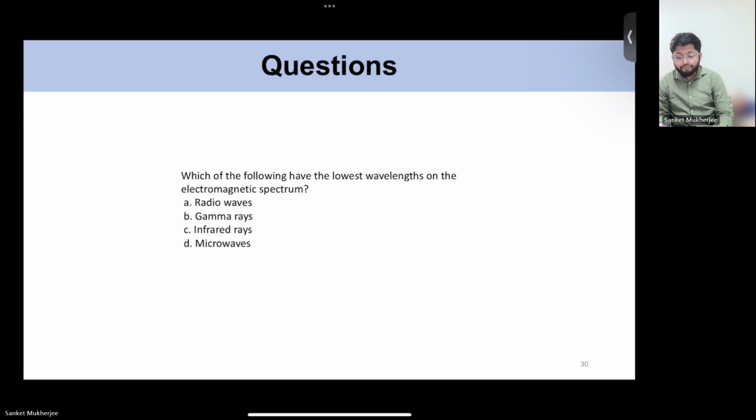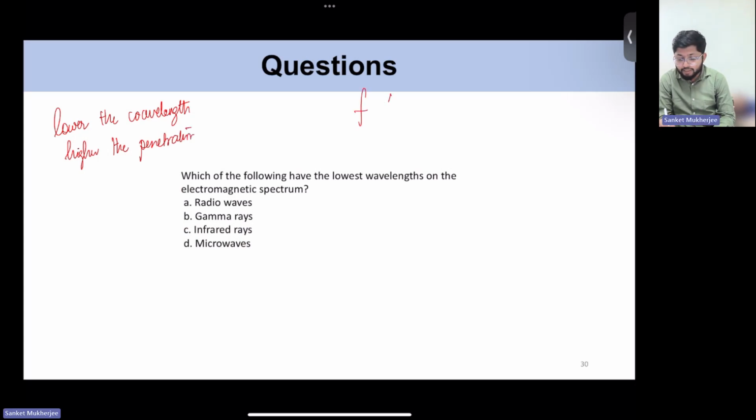Fine. Which of the following have the lowest wavelength in the electromagnetic spectrum? Is it radio waves, gamma waves, infrared rays, or microwaves? So, as we know, lower the wavelength, higher the penetration. So we can say frequency is inversely proportional to the wavelength, right?